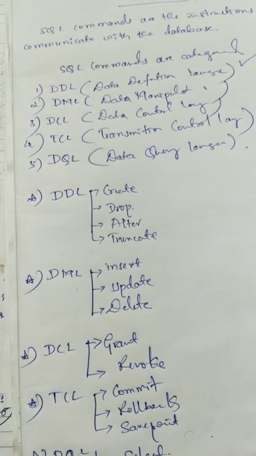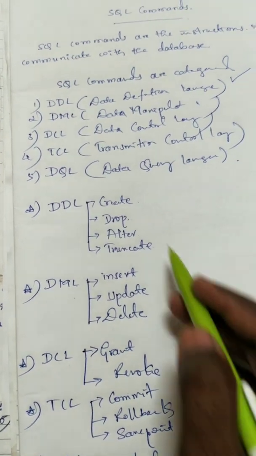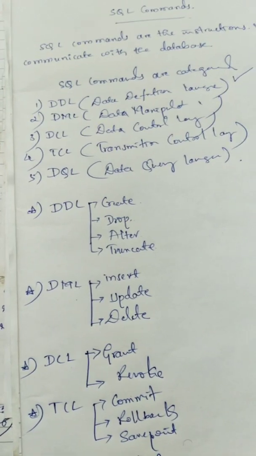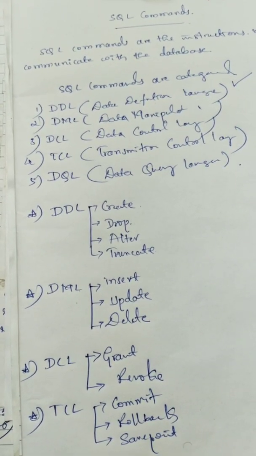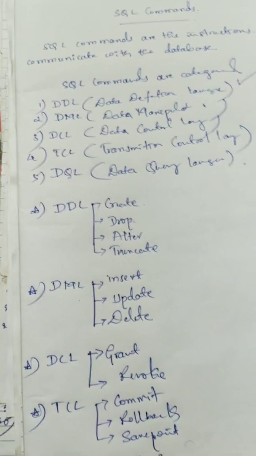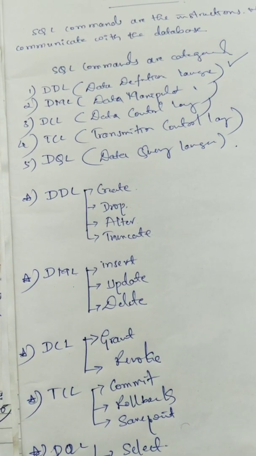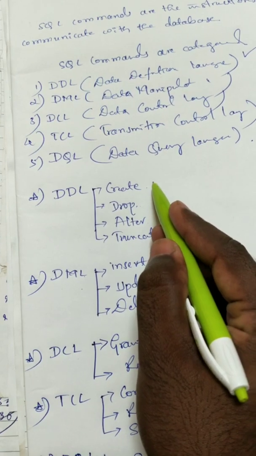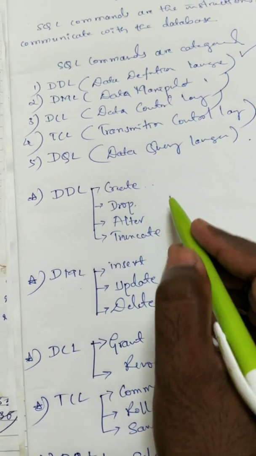Right. In the last class we discussed DDL. So what is data definition language? DDL changes the structure of the table, and all these commands are used to change the structure of the table.